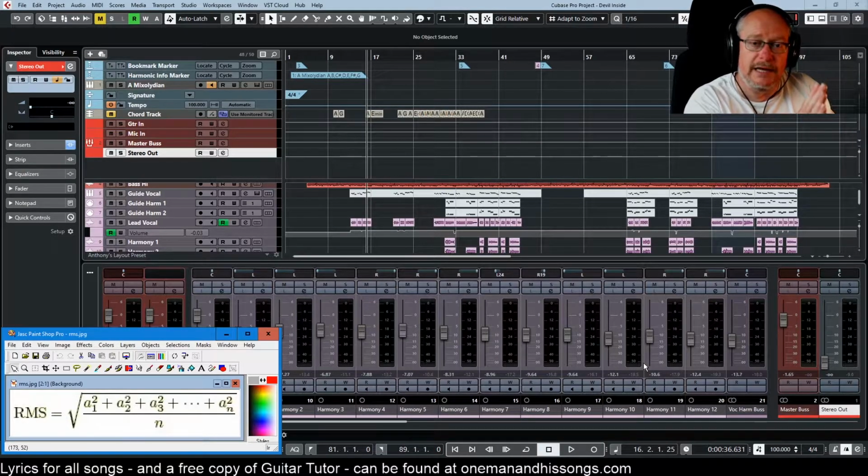Every time you take a snapshot of an amplitude, if you square that value, if you have -4 and you say -4 times -4, it's going to be positive 16. So by squaring a number, you throw the negative value of it away.